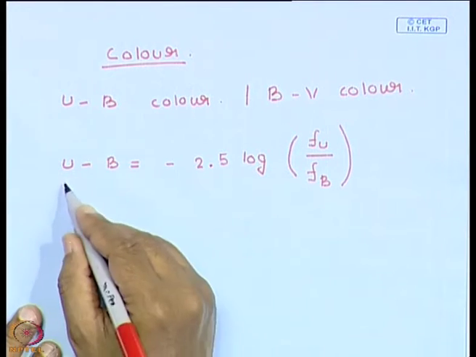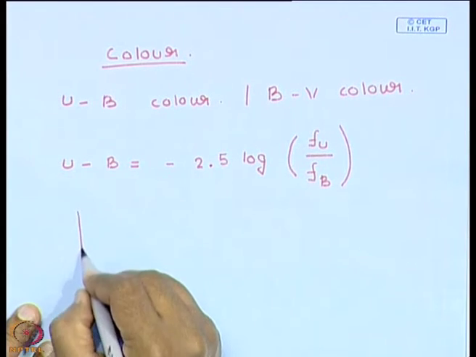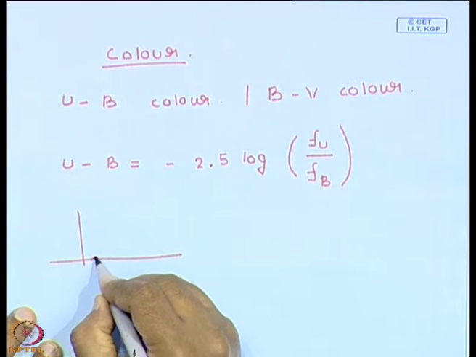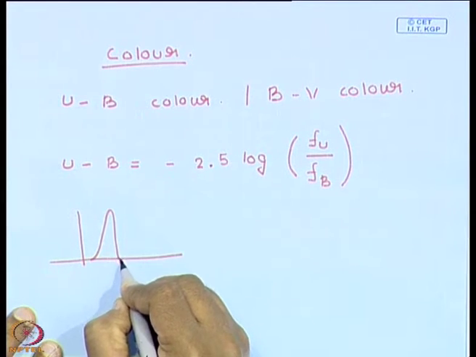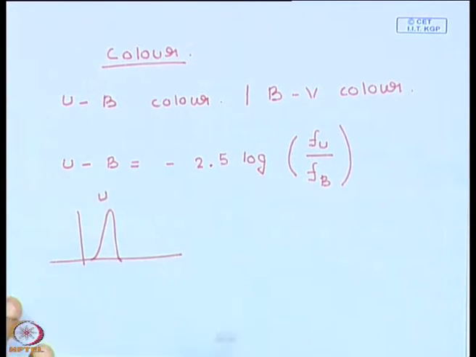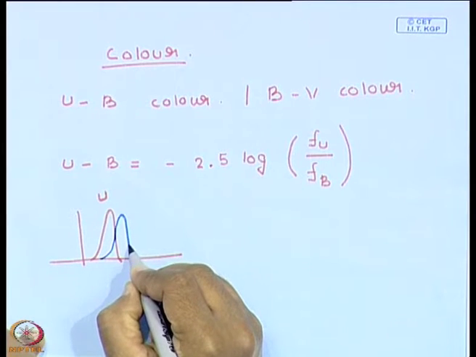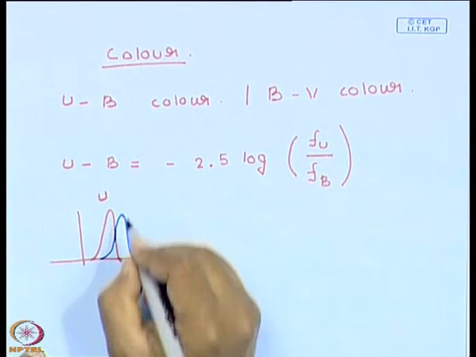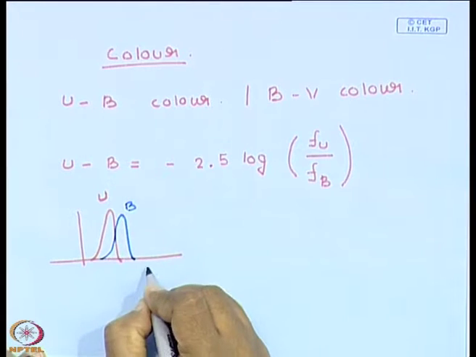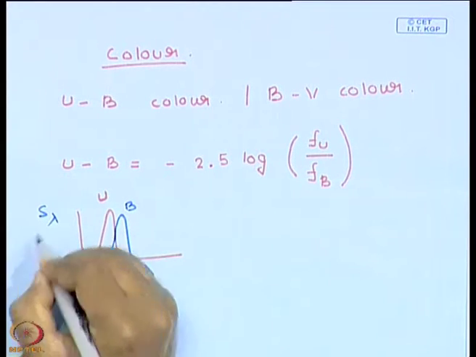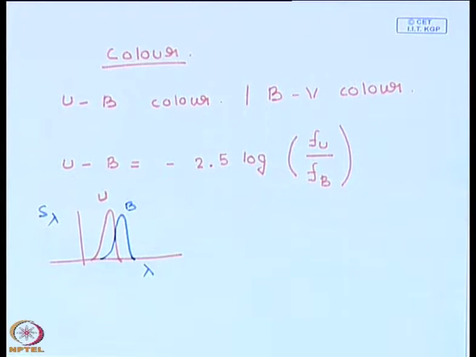So, the U minus B color will tell me the ratio of the light coming in this band, let us call this the U band, to the flux of radiation in the blue band. This is wavelength and this is S lambda, in two different parts of the wavelength spectrum.